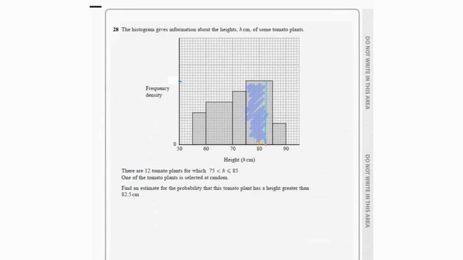So our focus is going to be on this and this, greater than 82.5.